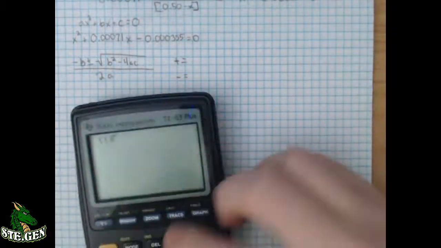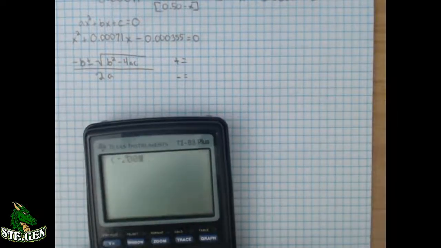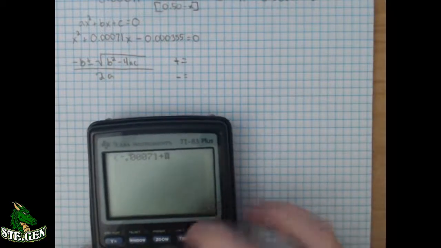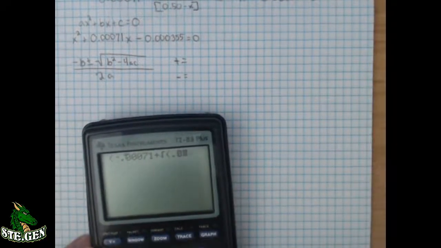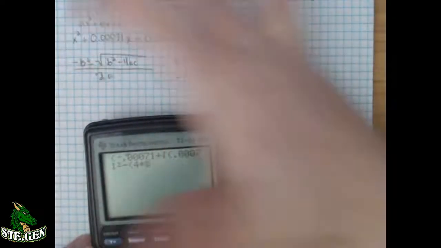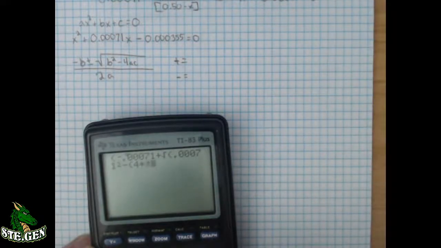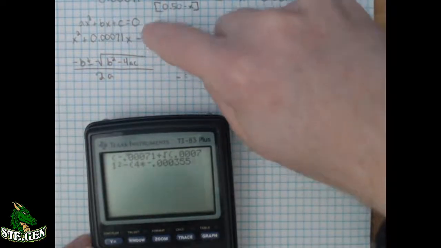So I'm going to do parenthesis. Negative b is 0.00071. Plus the square root of 0.00071 squared minus, I don't think I really need it, but just to be on the safe side, we're going to do 4. A is 1, so I don't need that. So then I'm going to put 4 times negative 0.000355. Because again, this is supposed to be in plus.